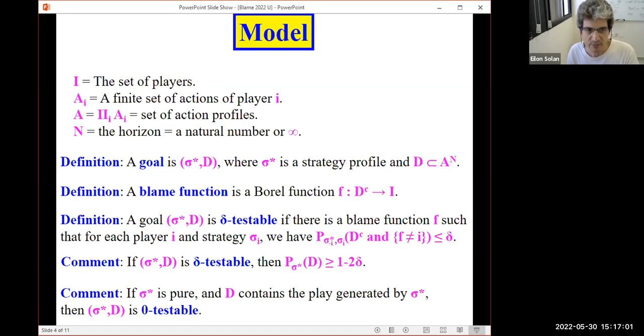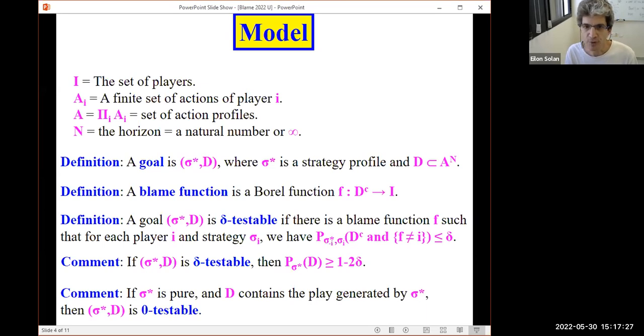So this concept of delta testability is interesting only if our strategy profile uses randomization, and then we would like to identify deviations, and it is not clear how to identify deviations when players play randomly.